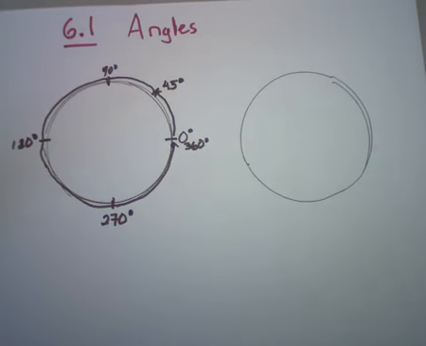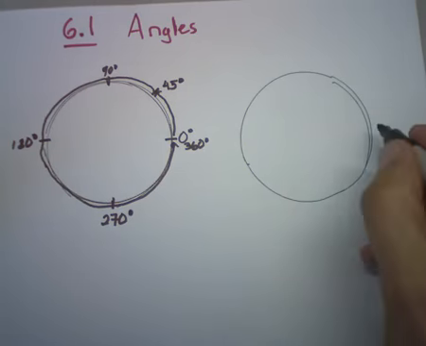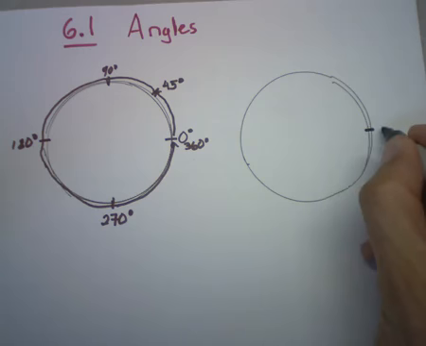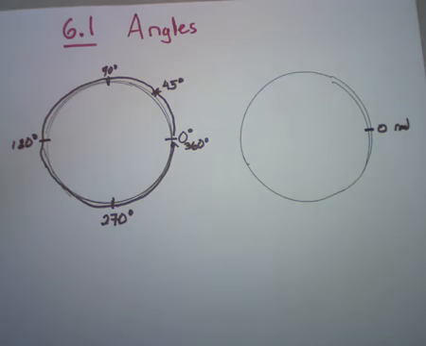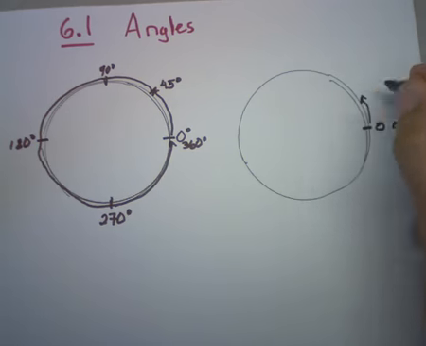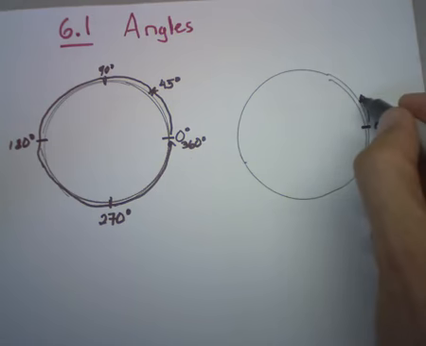We are also going to use the radian system. So radians also start at the right side of the circle, start at 0 radians. And they also increase going this direction around the circle.